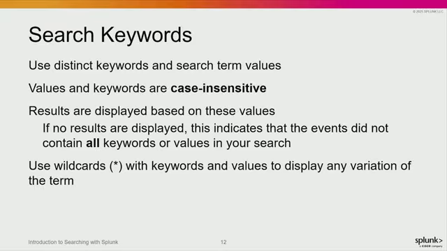Now, if you include multiple keywords in your search, Splunk is going to try to make sure that all of those values are met in order for us to show you the events. So if you're not seeing any events displayed, this could mean that maybe some of the events only have two of the three keywords that you included. We'll come back to this concept of wildcards in just a moment. Let's take a look at some of the keywords in our events.